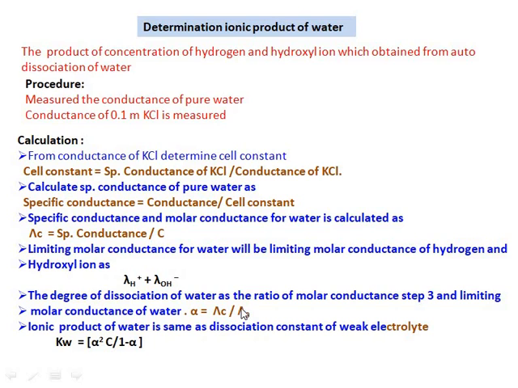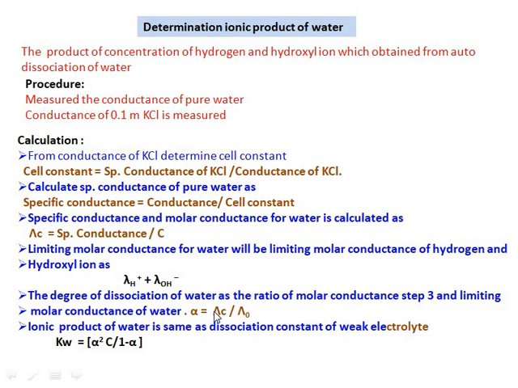Then the degree of dissociation of water is the ratio of the molar conductance at this concentration to the limiting molar conductance of water, so alpha is equal to lambda C upon lambda 0.